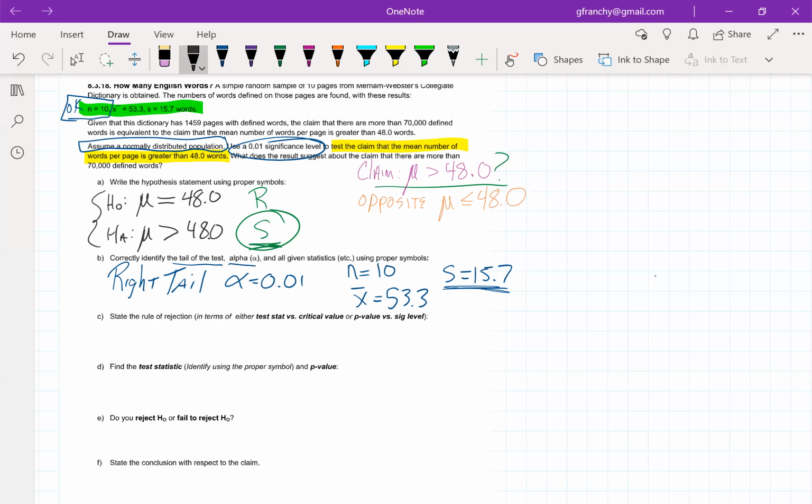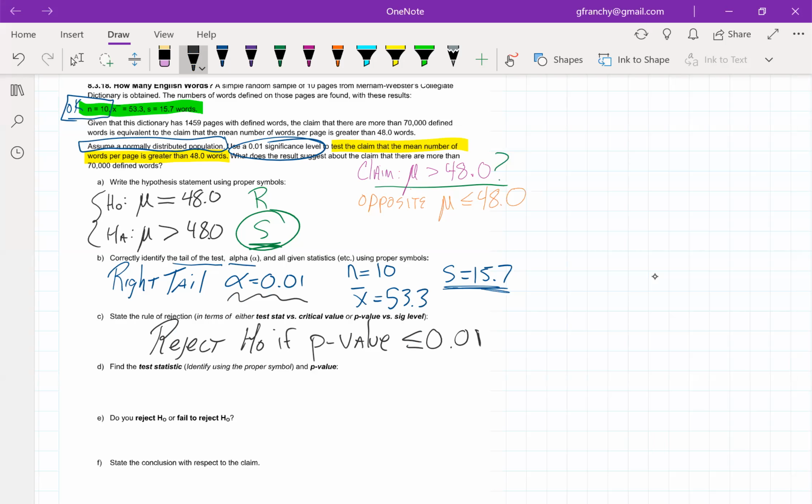So there's one last thing we need to do before we go to Statdisk, and that's write our rule of rejection. So we're going to reject the null hypothesis if the p-value is less than or equal to 0.01.